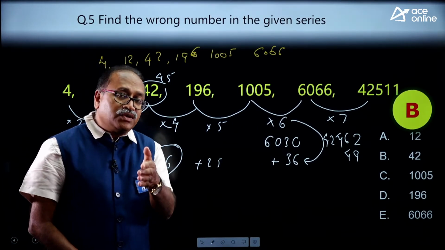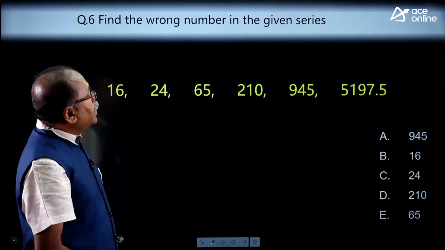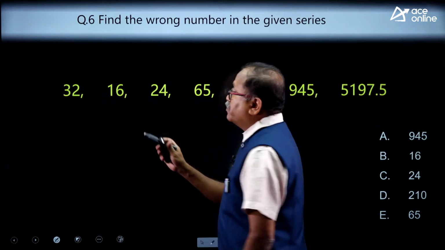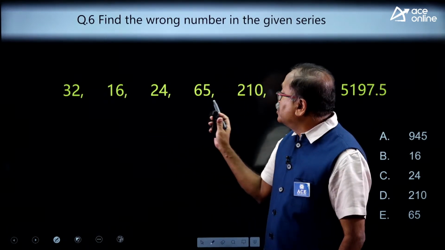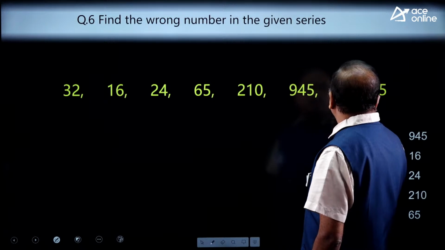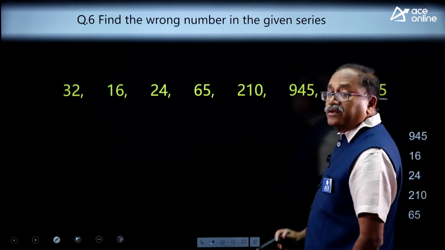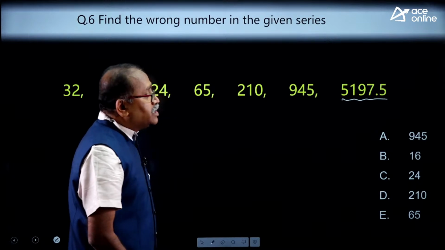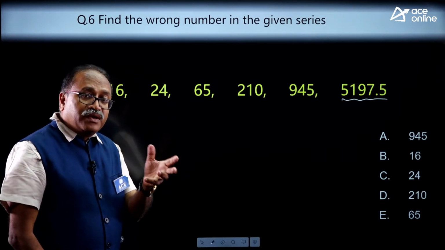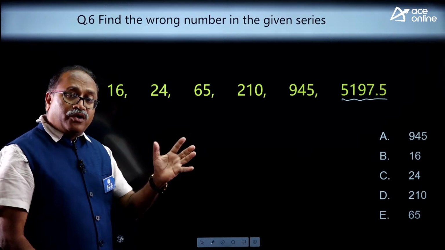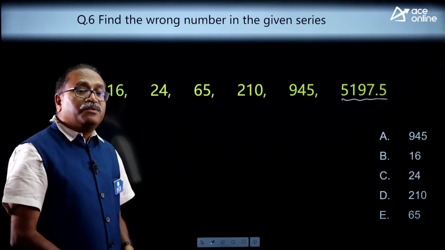The next question is also number series, and it's here. There is 32, 16, 42, 65, 210, 945, and look at this one, a decimal is there. So there is a possibility that it is a fraction multiplication, or it could be a decimal multiplication.